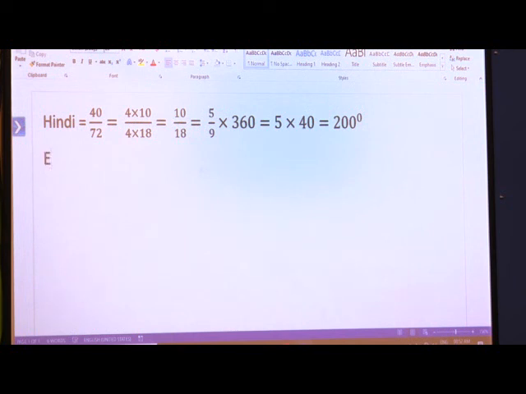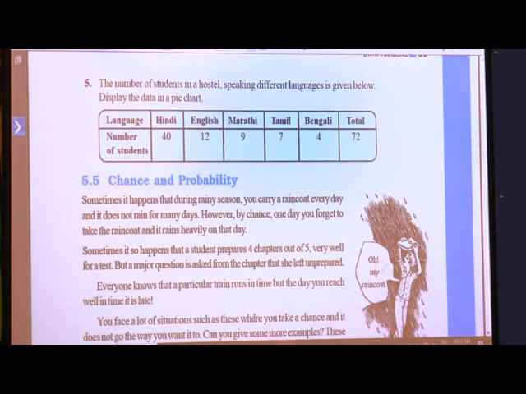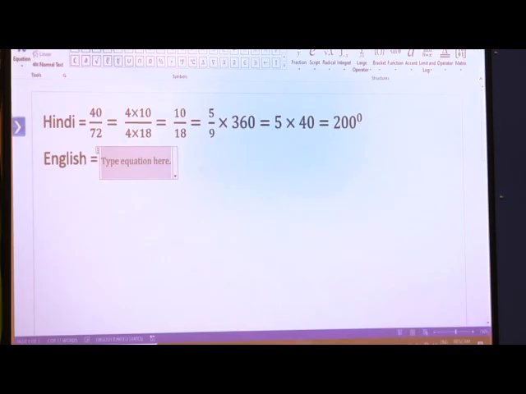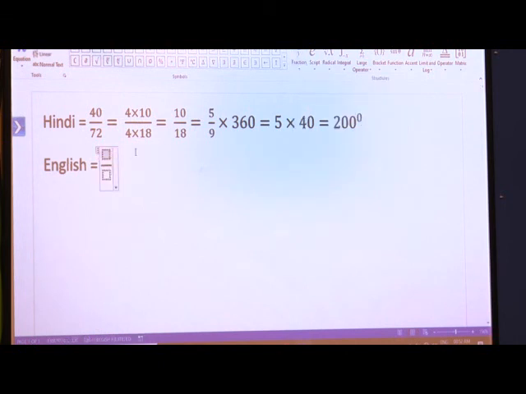Now, for English, how much does it show? 12 of them are present there. So, 12 upon 72 multiplied by 360, doing it directly.